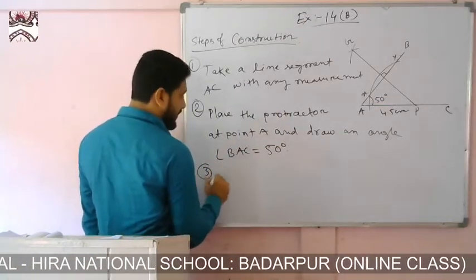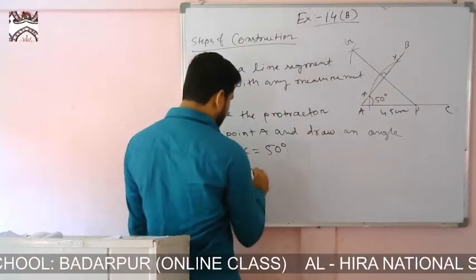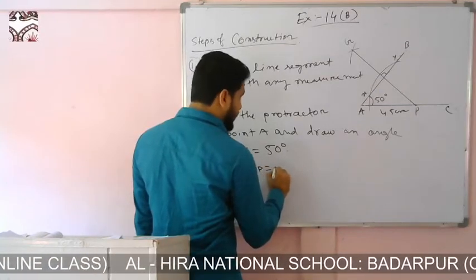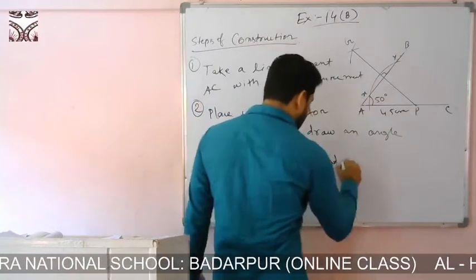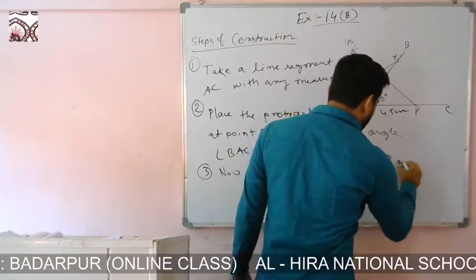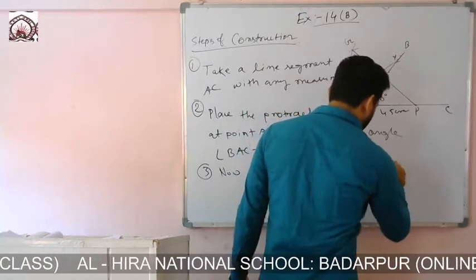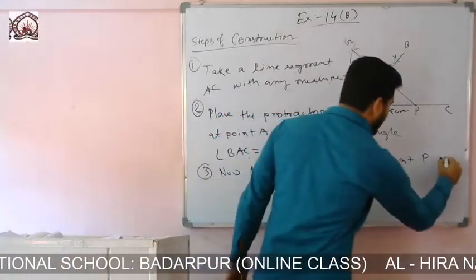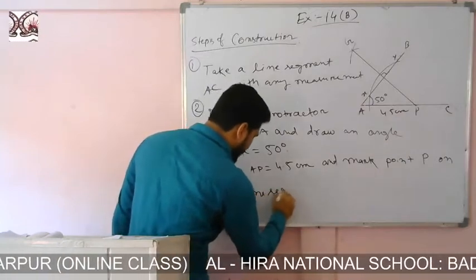Number 3: now take AP equals 4.5 centimeters and mark point P on the line segment AC.